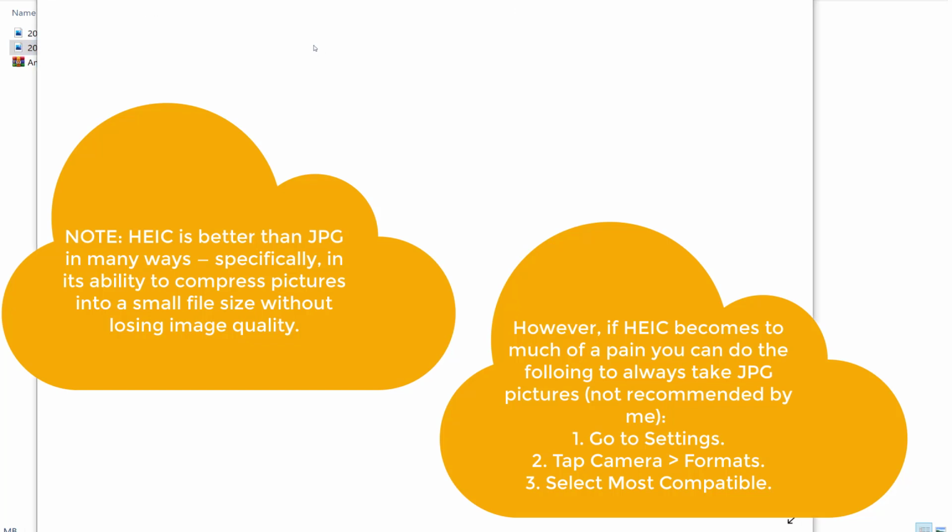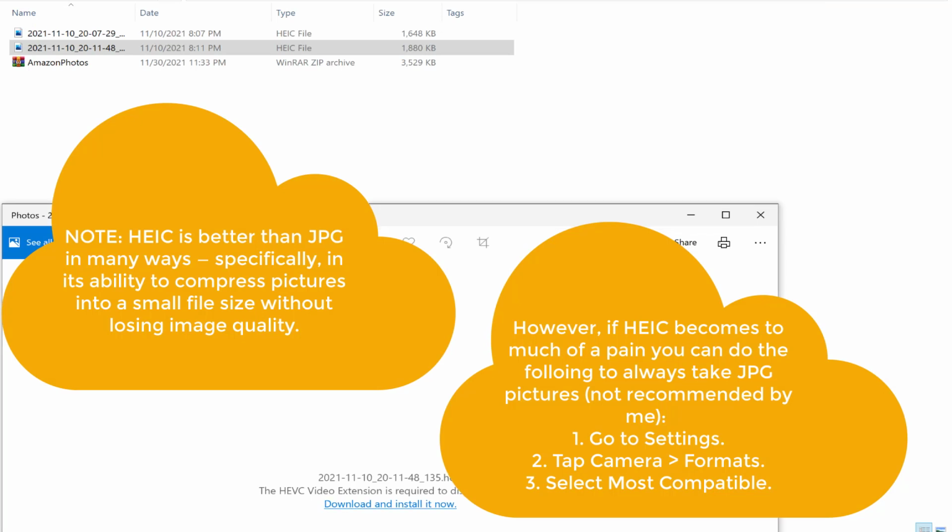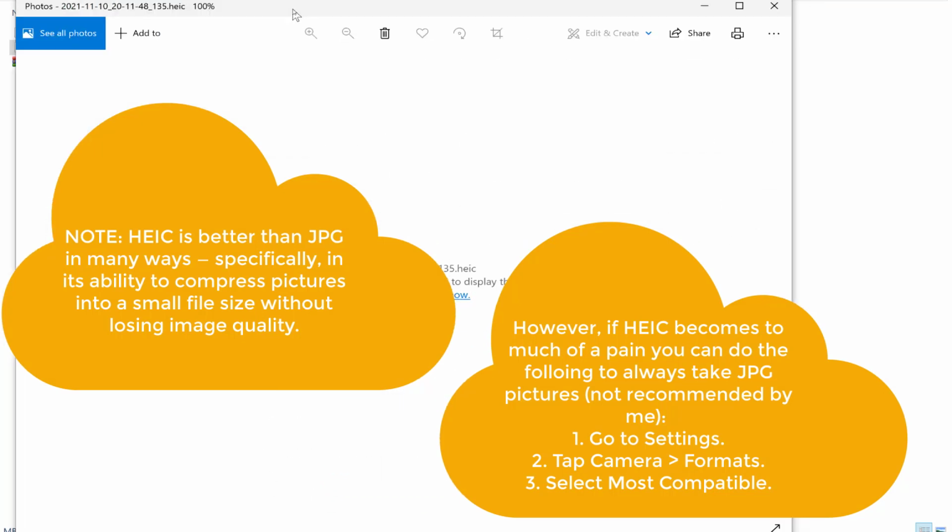If I go to it and try to preview it, it will give me a message saying the HEVC video extension is required to display this file. Download and install now. So I could download some extension to be able to potentially display the file. That'll be good.